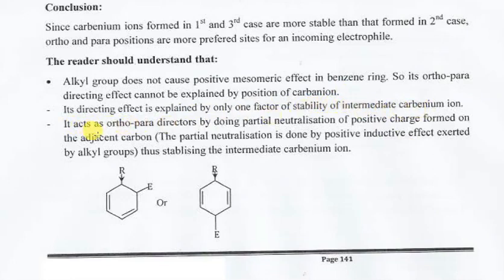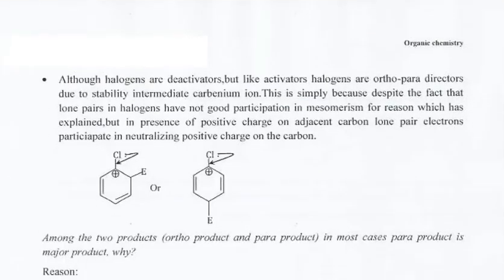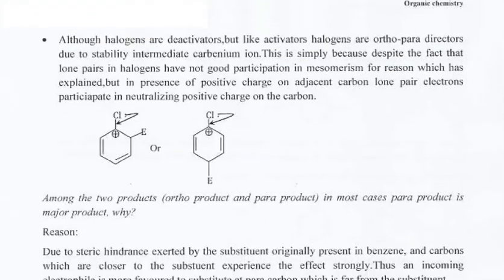It acts as ortho para director by doing partial neutralization of positive charge formed on the adjacent carbon. The partial neutralization is done by positive inductive effect exerted by alkyl group, thus stabilizing the intermediate carbonium ion. Kwa hiyo alkyl group zina stabilize hiyo carbonium ion by simply positive inductive effect, na sio kwa negative charge kama ambavyo ilitokea kwa group nyingine zinazofanya mesomeric effect.